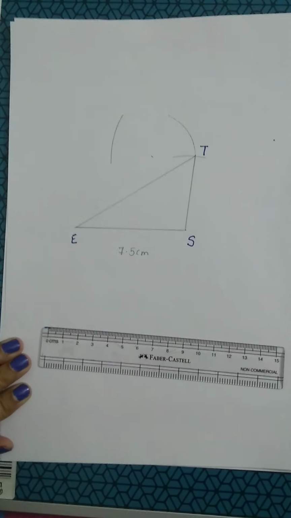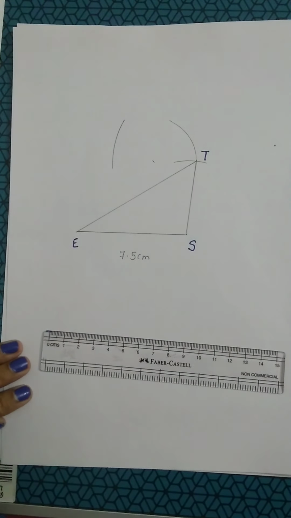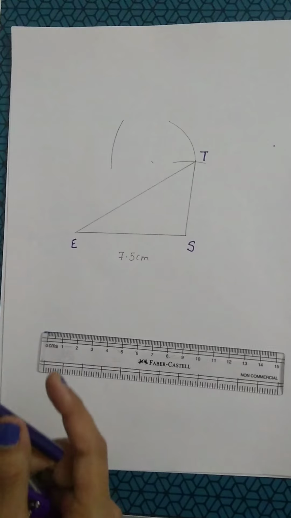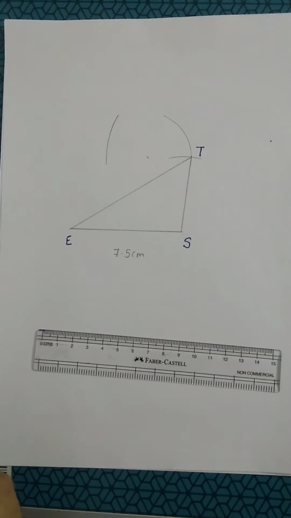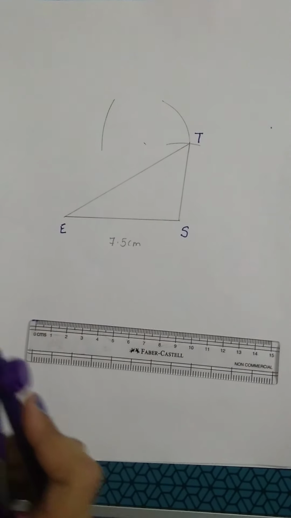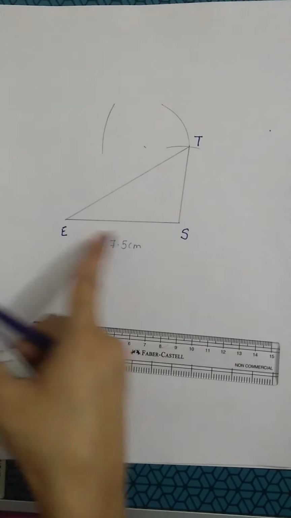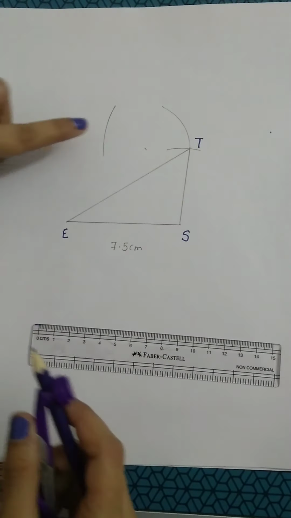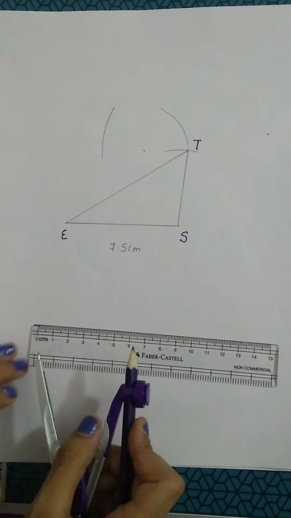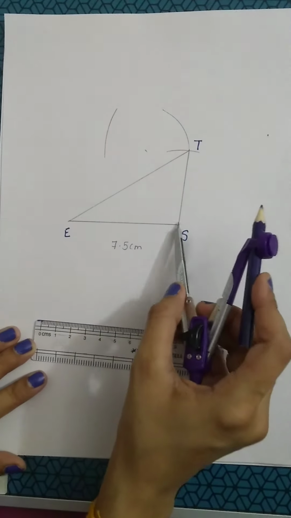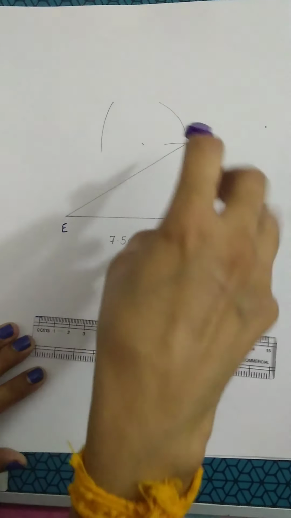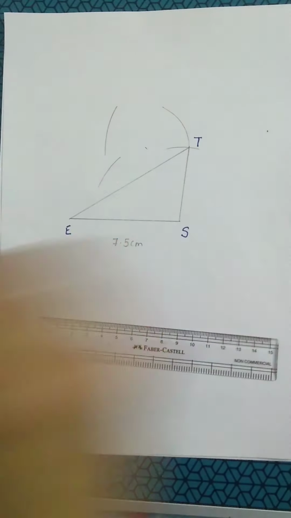Now another diagonal is given to me, that is ST. Okay, one more diagonal is given. So let's draw it. First of all, now ES we have drawn, BS, which is 6 centimeter. Again, I will open my compass 6 centimeter here, keeping the needle here at S and just cutting it out.